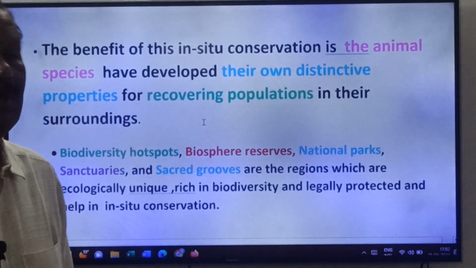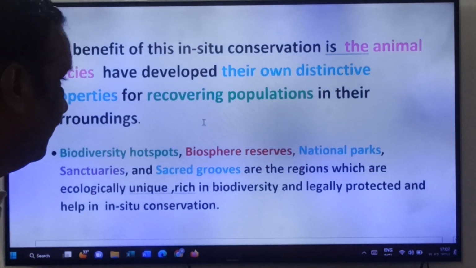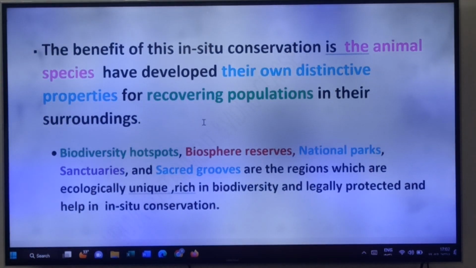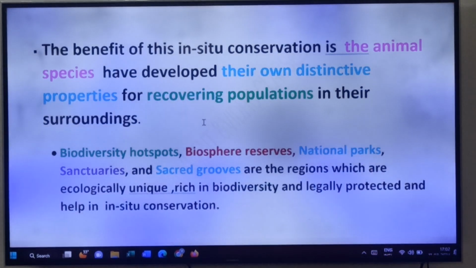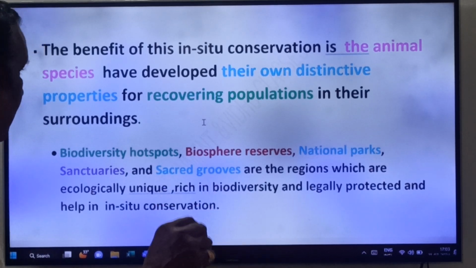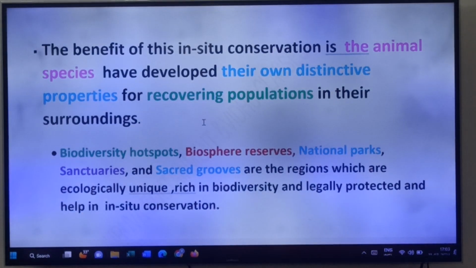Next, what is the benefit of in situ conservation? In in situ conservation, the animal species have developed their own distinct properties.